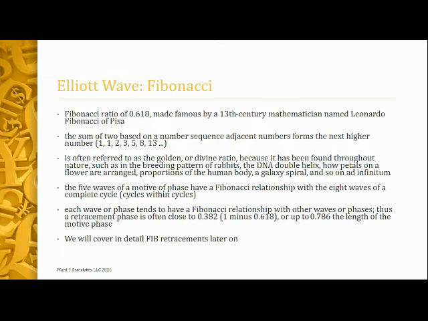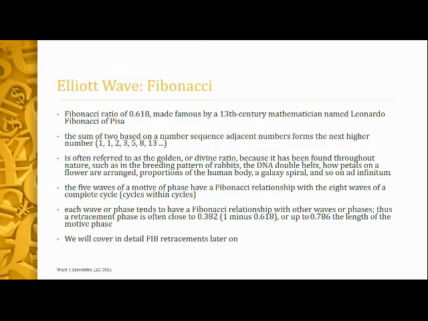What that means is 1 plus 1 equals 2. 1 plus 2 equals 3. 2 plus 3 equals 5. 3 plus 5 equals 8, and so forth. The 618 ratio is often referred to as a golden or divine ratio because it has been found throughout nature, such as in the breeding pattern of rabbits and our own DNA double helix.